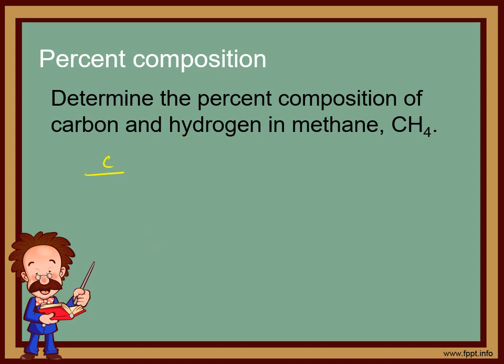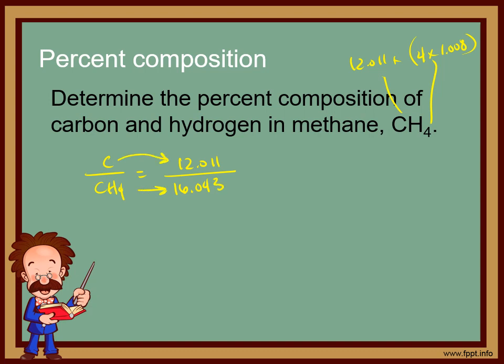So carbon in methane. So the carbon out of the CH4, carbon by itself is 12.011. The methane, we're going to have 12.011 plus 4 times 1.008. We add these together, 4 times 1.008 plus 12.011 equals 16.043. 16.043 is the total mass of methane.